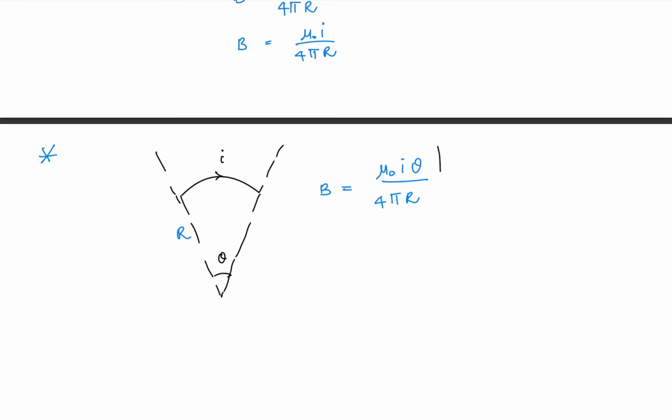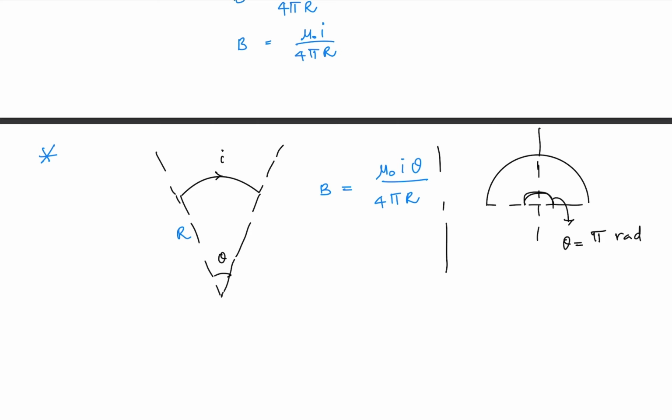So for a semicircle, the theta here will be equal to pi radians.